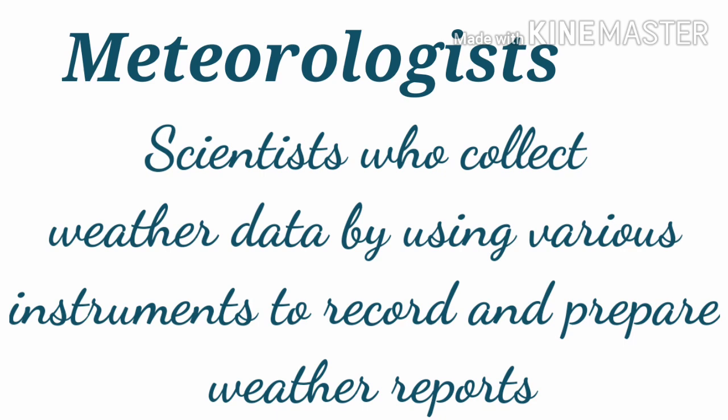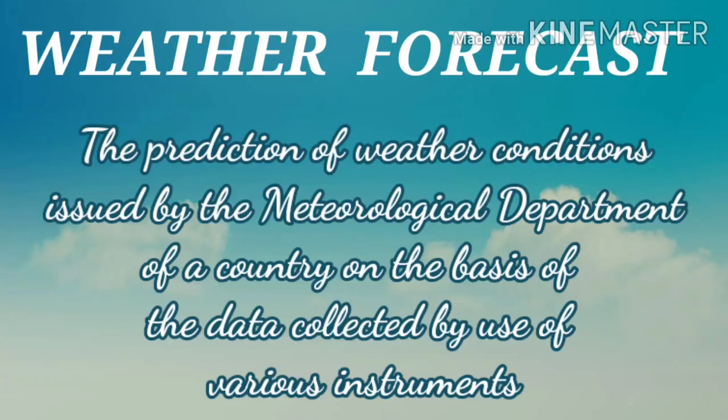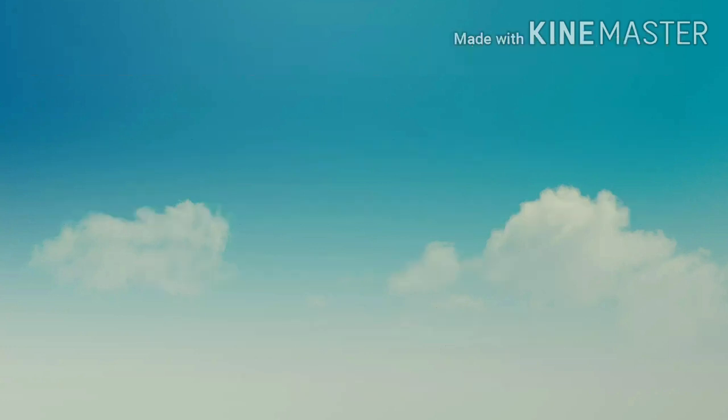Scientists who collect this data using various instruments to record and prepare weather reports are known as meteorologists. Weather forecast means the prediction of weather conditions issued by the meteorological department of a country on the basis of the data collected by use of various instruments.